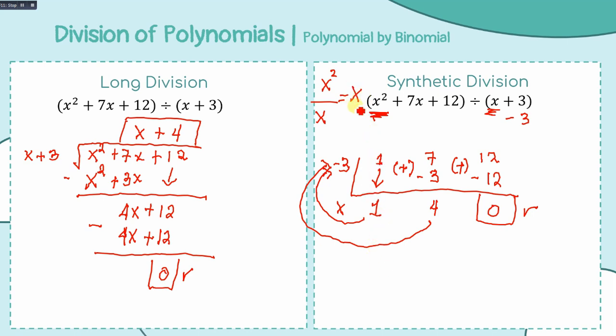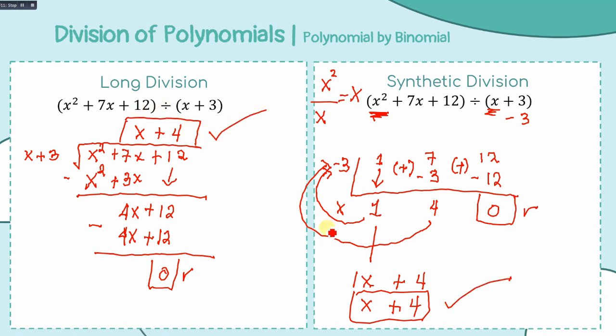That's why 1x plus 4. But we usually don't write 1 as our numerical coefficient. So the answer must be x plus 4. So this will be the final answer. So it is the same with the quotient using the long division method. So this is how we do it.